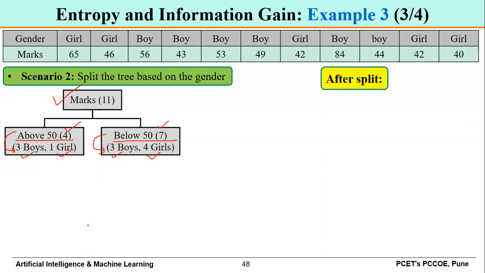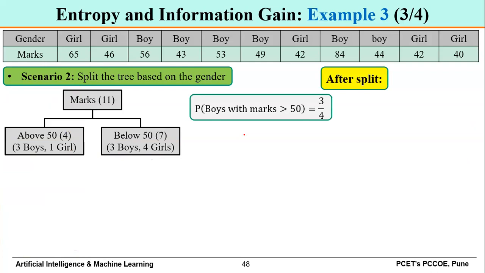When we split it, we need to calculate its entropy. Before that, we calculate the probability of boys with greater than 50 marks. Here 3 boys are there and the total number of students with greater than 50 marks is 4, so 3 by 4.